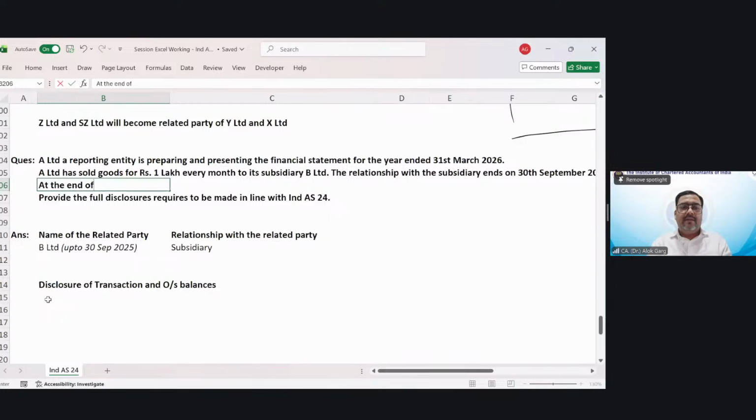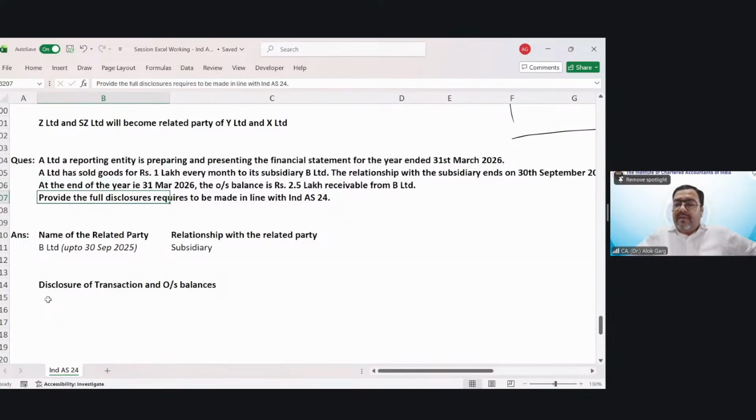At the end of the year, that is 31st March 2026, the outstanding balance is rupees 2.5 lakh receivable from B Limited.